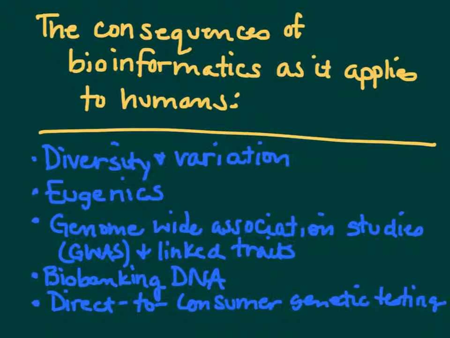The consequences of bioinformatics as it applies to humans kind of leads us naturally in that direction. Bioinformatics, as we apply it to human beings, we look at diversity and variation. Is diversity a good thing or a bad thing? What causes diversity among humans? What causes variations among humans? The eugenics movement.